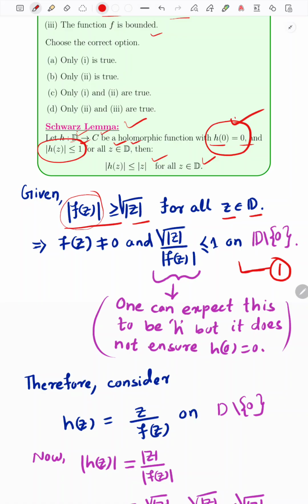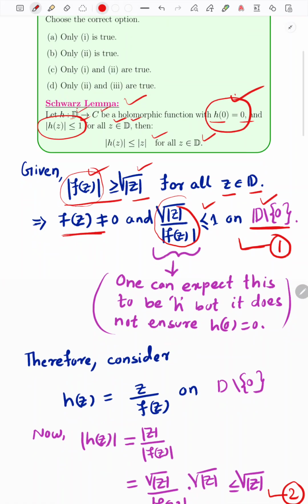This means if z belongs to D minus {0}, then f(z) is not zero, so the expression is well defined. We can divide both sides by |f(z)| and get that the quotient is less than or equal to 1, but this is true only on D minus {0}.